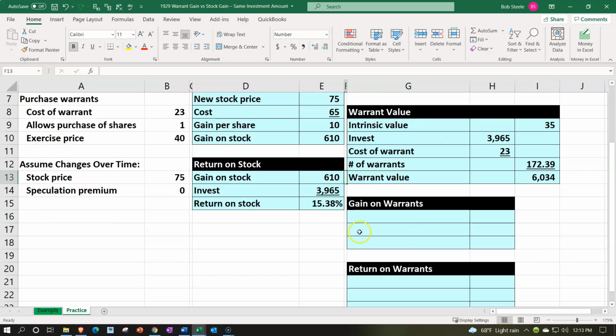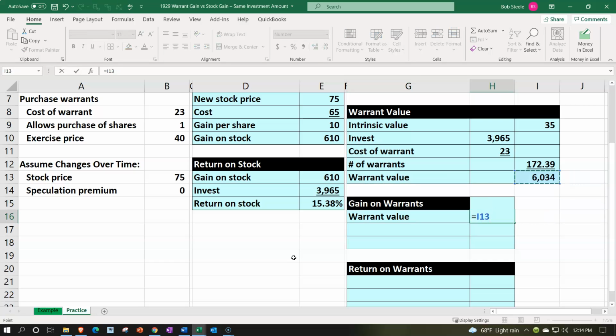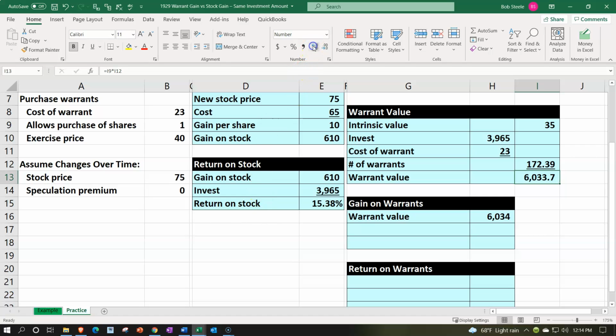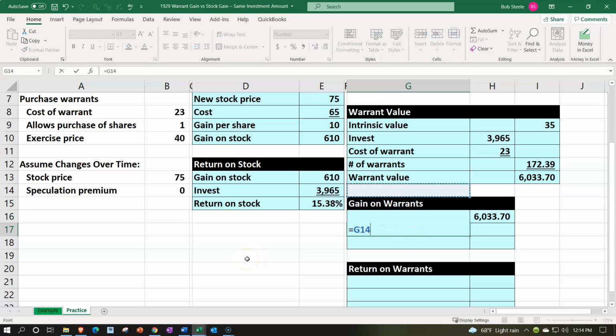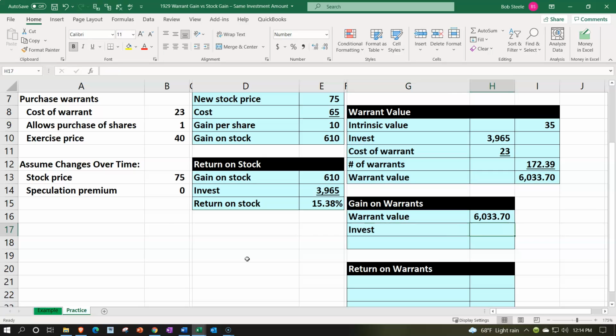So then we can look at the gain on the warrants, the dollar gain on the warrants here, which is going to be the warrant value of the 6,034. We may have some decimals there. We should probably be adding in. Let's add some decimals versus the cost. So the cost or the investment was the 3965 that we put in.